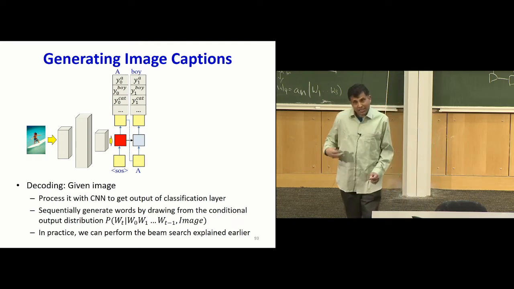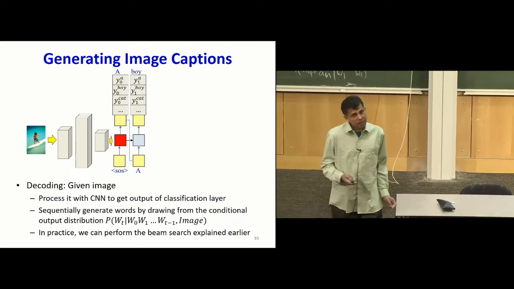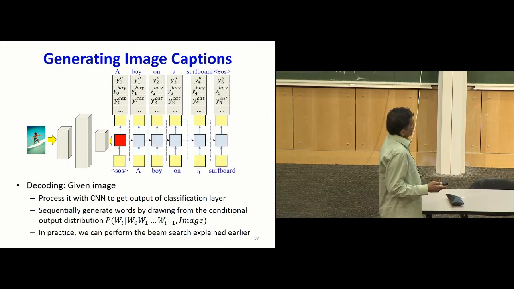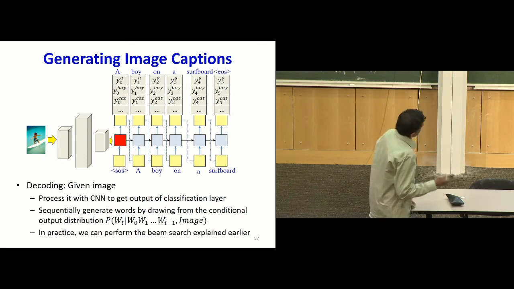Now, in practice, the actual drawing is going to be done using beam search, as we explained earlier. And this can continue until you produce an end of sequence symbol.